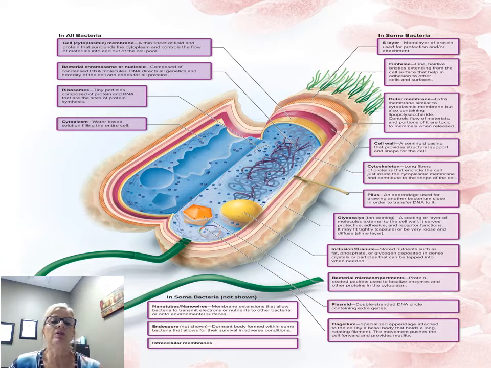So this is a really good generalized picture of what a general bacterium will have. This goes from the cell surface, which is going to have some things to help with adherence, or adhesion, to other cells or other surfaces. We're going to have the fimbriae, this fimbriae here, helping it to adhere.